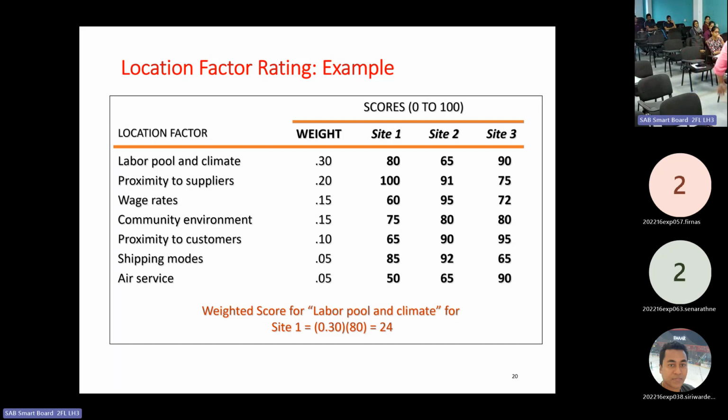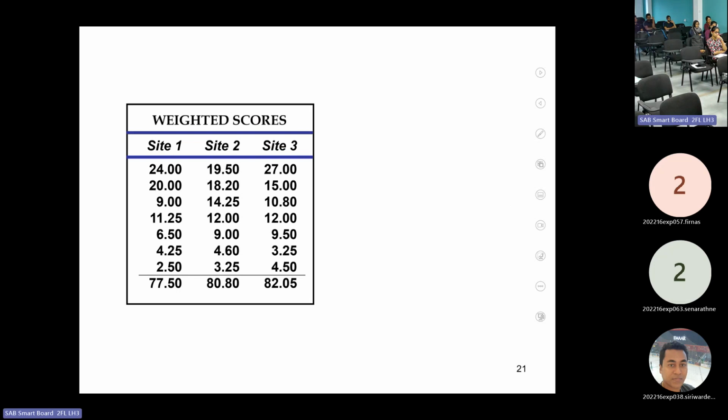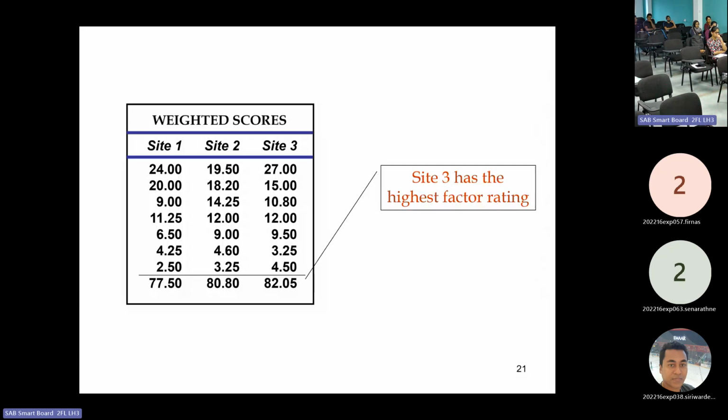And then, of course, as you can understand, we have to calculate the weighted score by multiplying the score by the weight, and we show it. Add them together, get the total weighted score, and we select the site that has the highest weighted score. In this case, that is site number 3.